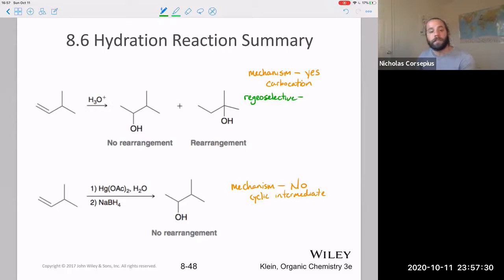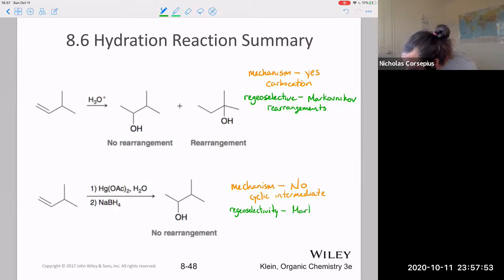For the regioselectivity of the acid catalyzed hydration, this is Markovnikov. And watch out for rearrangements. For the oxymercuration, demercuration, these are also Markovnikov, but there are no rearrangements.